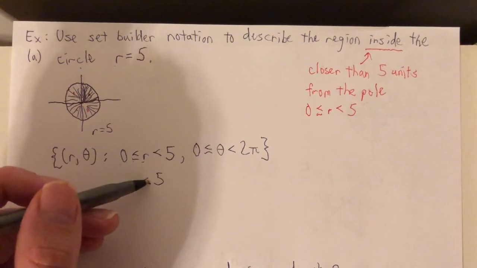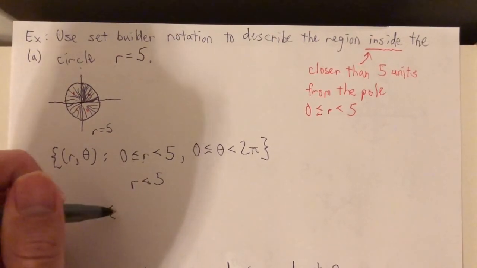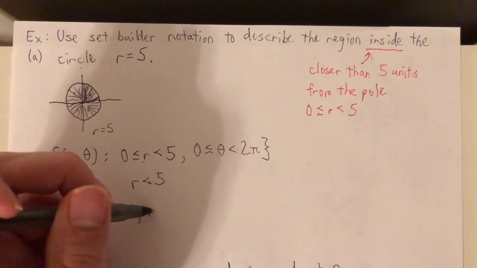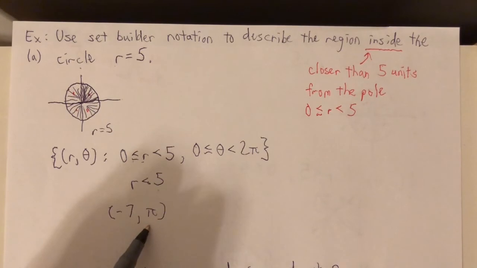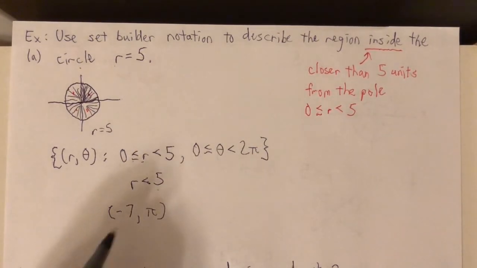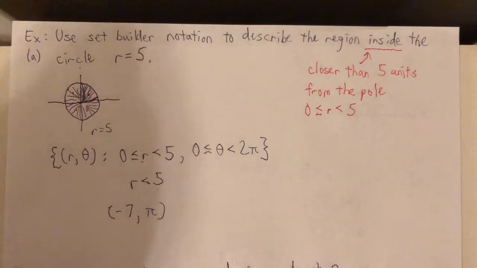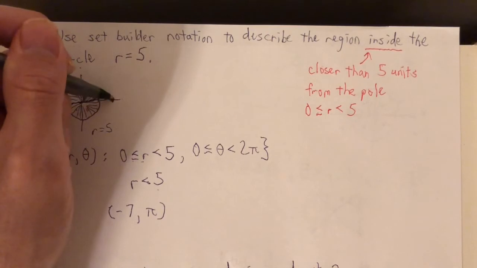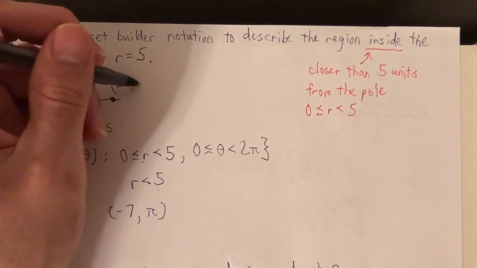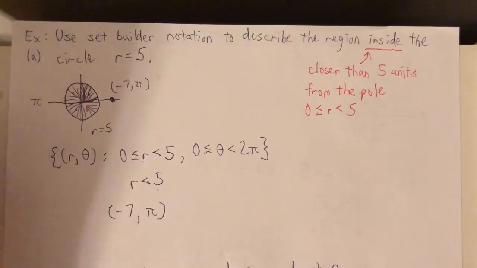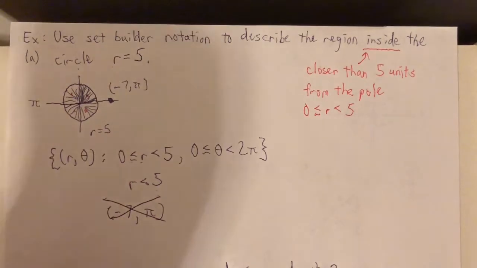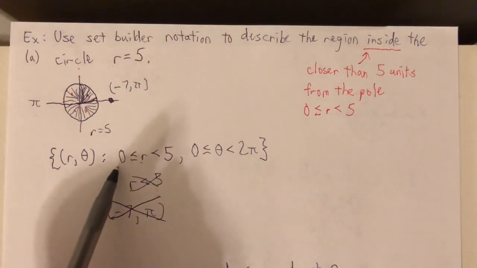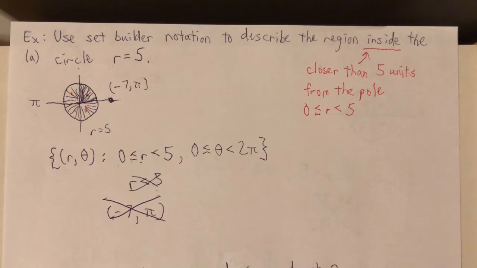Well, if r is less than 5, I could potentially have a point like -7 comma pi. -7 is less than 5. Pi is between 0 and 2 pi, so this would technically be in my set. But that point would be outside my circle here. -7 comma pi, remember, would be 7 units in the opposite of the pi direction. So I want to exclude points like that. That's why I need to make sure I say that 0 is less than or equal to r here.